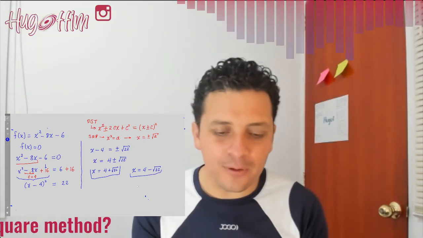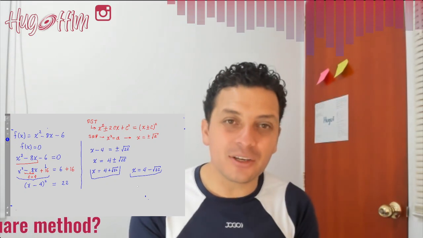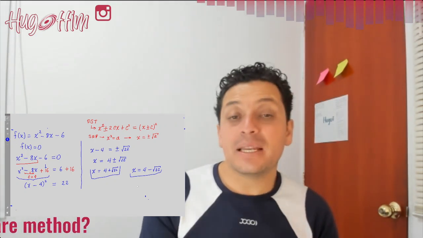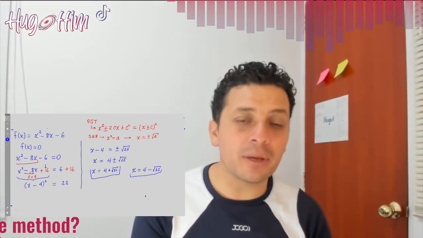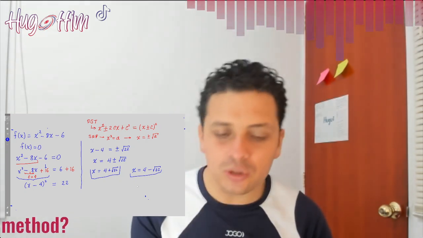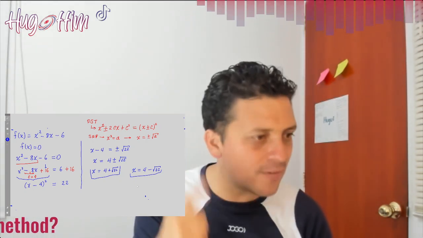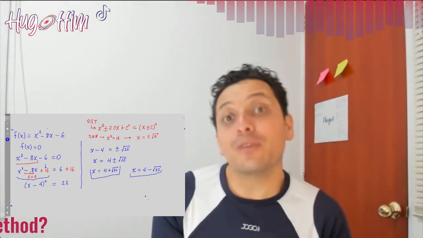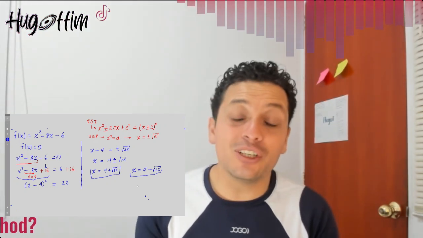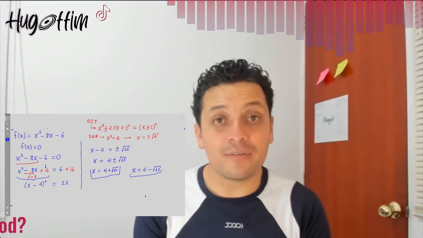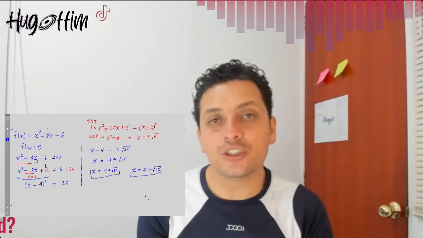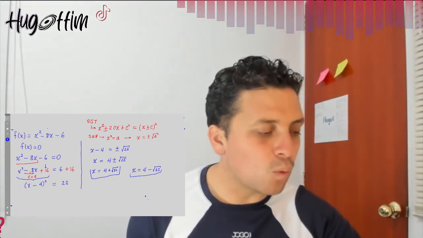So there are three important things that we have seen here. First, completing the square using the perfect square trinomial. Second, remember to use the square root property, which should be very clear for you. And third, we did something extra: if you need to find the x-intercepts of a function, in this case quadratic, set the function equal to 0. This is what we did.